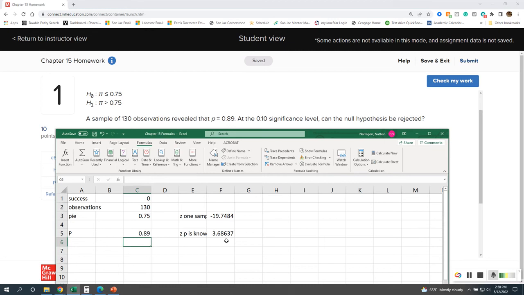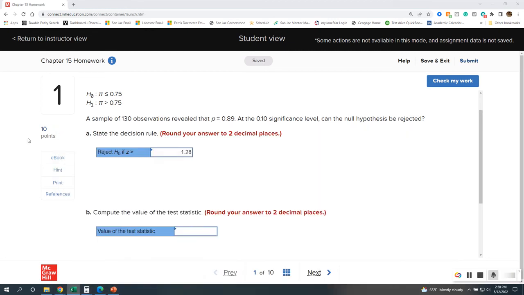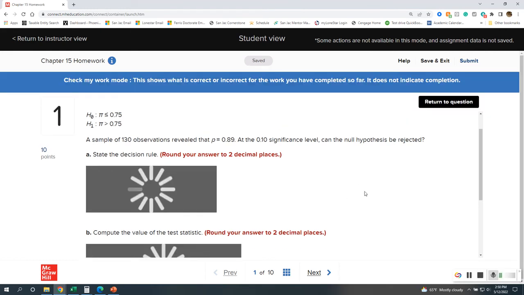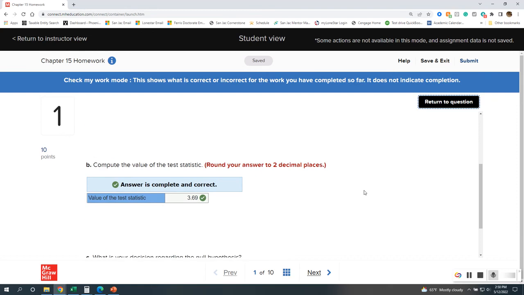So this is going to tell us our Z statistic is 3.686, or 3.69 since it's 2 decimal places. Let's check. We are correct.